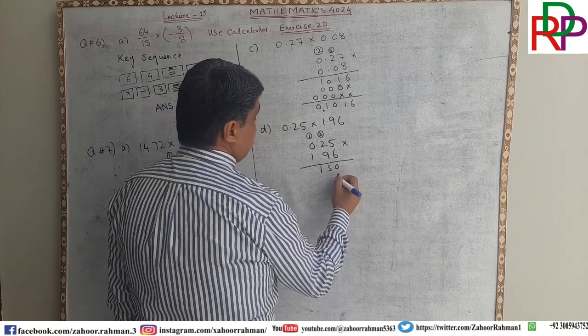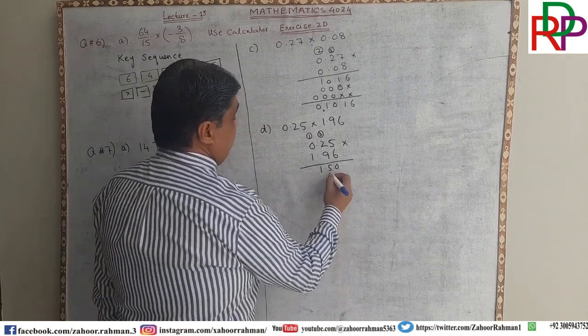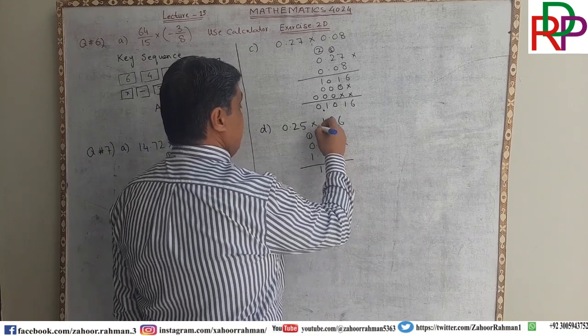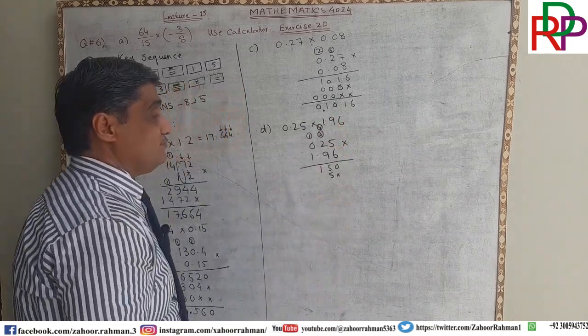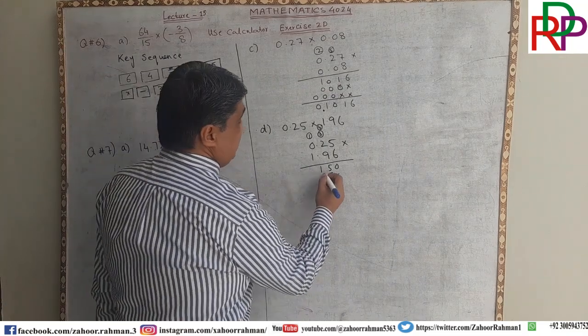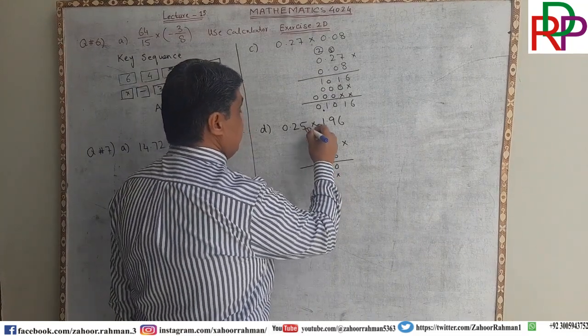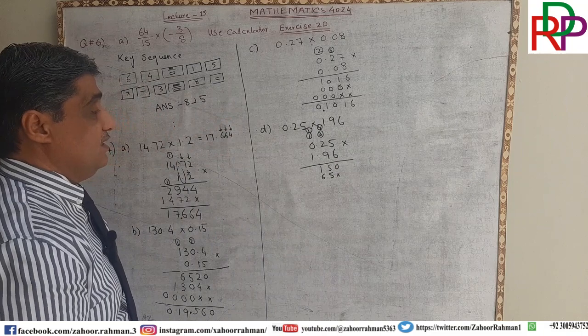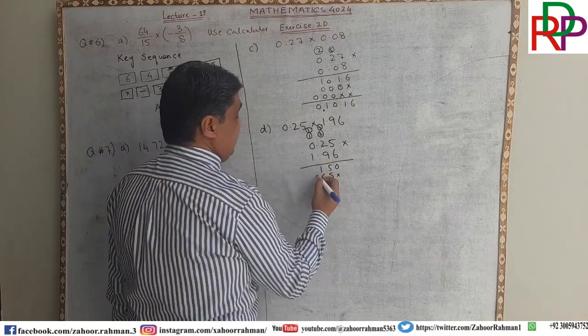Now I have to put a cross symbol. 9 5s are 45, 5 and 4 will be carried. 9 2s are 18 and 4 is 22, then 9 zeros are 0 and 2, then 1 will be carried. 16 and 1 will be carried. 6 zeros are 0 and then 1.